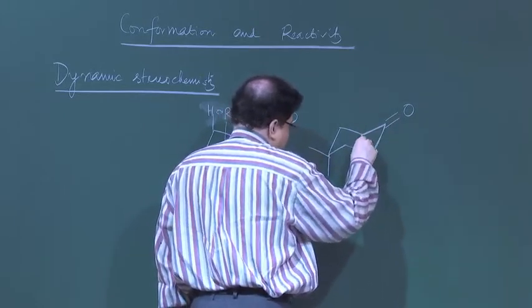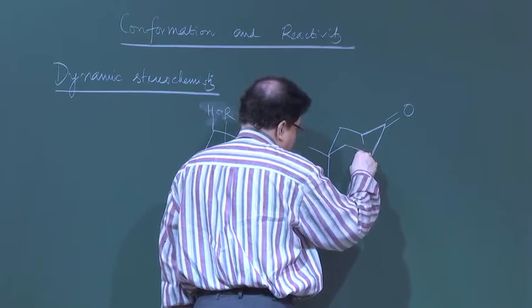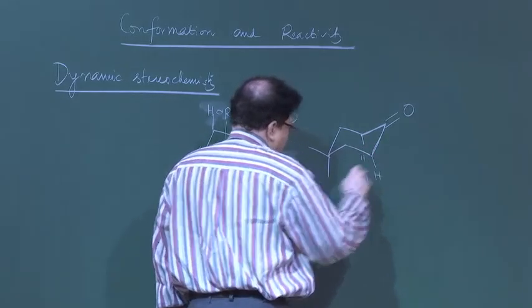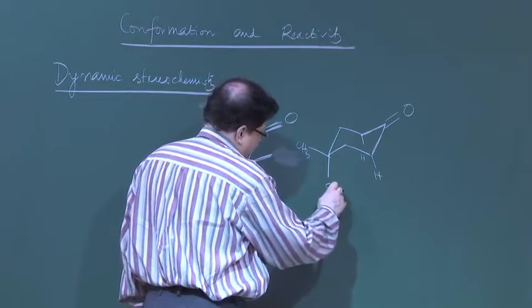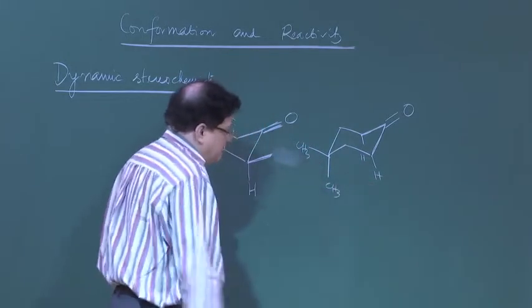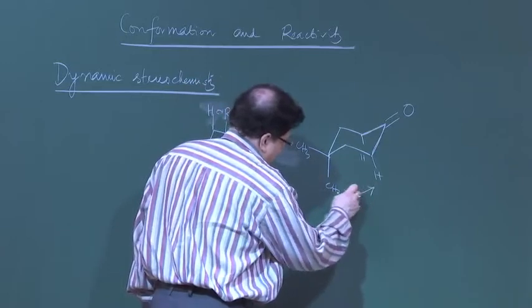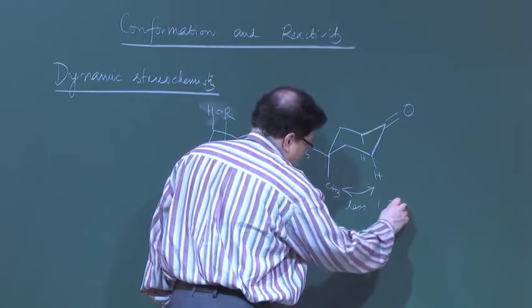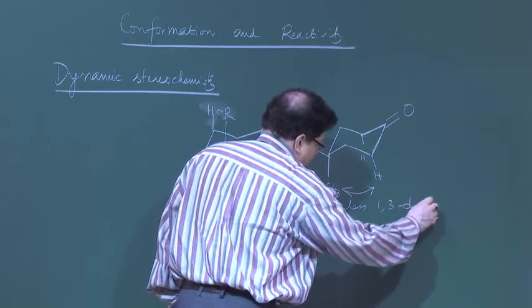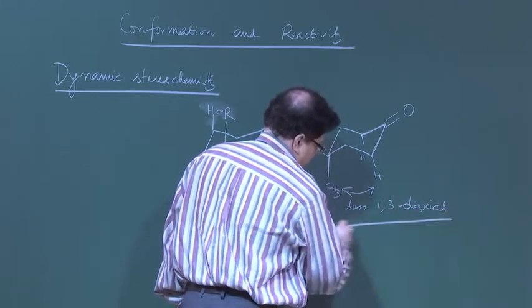So, these hydrogens are a little bit bent towards this direction. So, if you have a methyl here and a methyl here, this methyl suffers less 1,3-diaxial interaction as compared to a cyclohexane system.